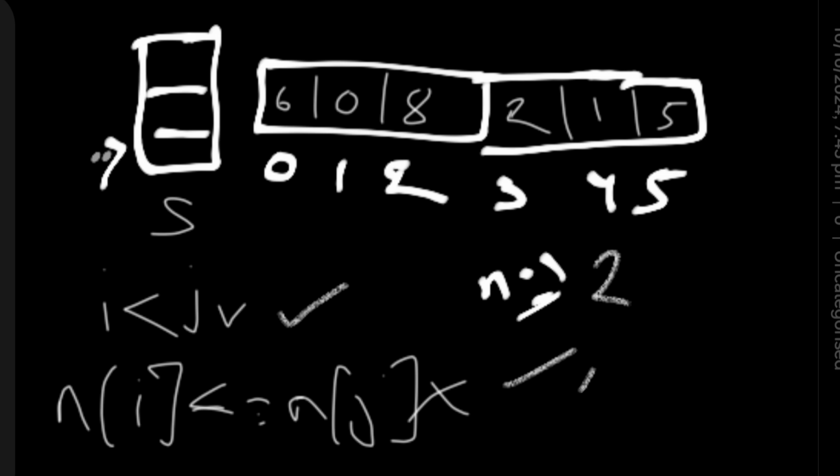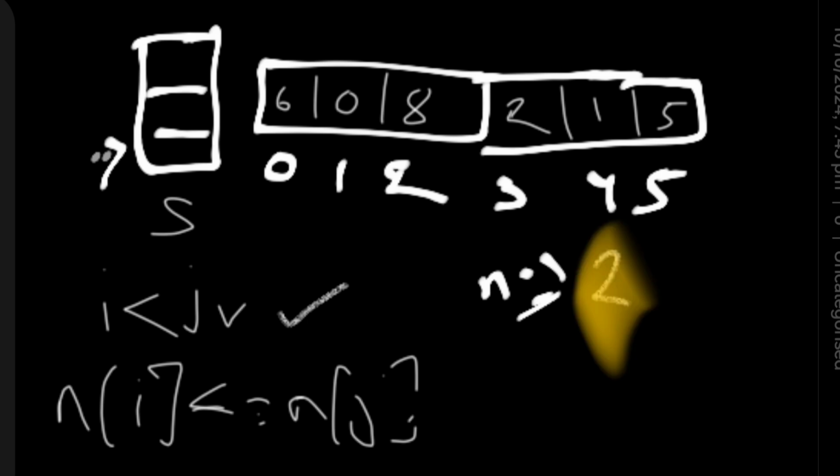0 and 8 satisfy the first and second conditions. The ramp will be 2 minus 1, which is 1, and 1 is less than 2, so the ramp value will not be changed. Then 0 and 2: the ramp value will remain the same. Then 0 and 1: the ramp value will be changed to 3, as we found a pair that satisfies both conditions, since 0 is less than 1 and nums of i is less than nums of j. 4 minus 1 is 3.